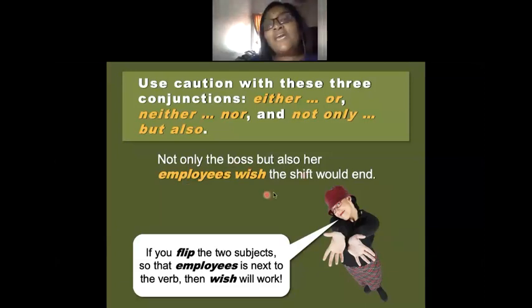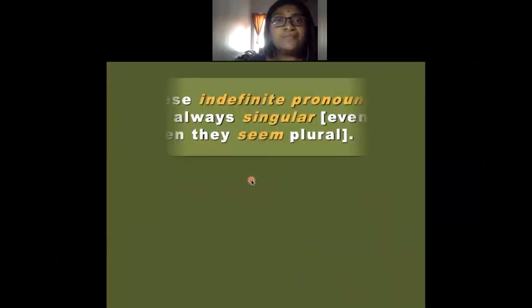But again, when you want to decide which verb to use, you look at the word prior to the verb wish, and this is a plural subject. So when it's a plural subject, we have to use a plural verb, which is wish.